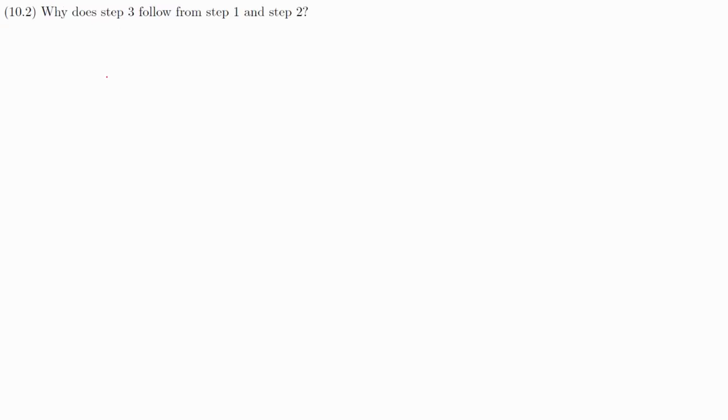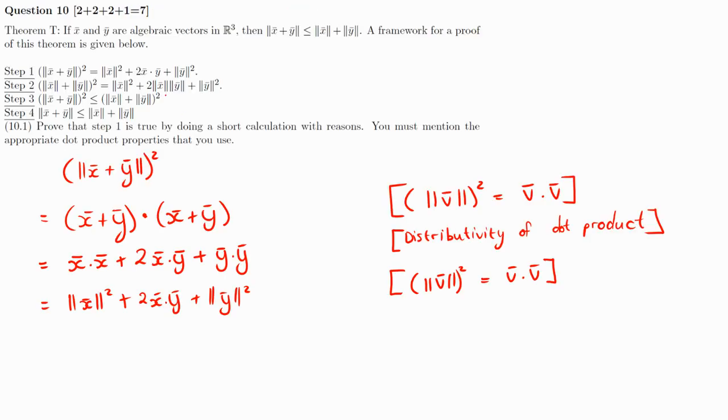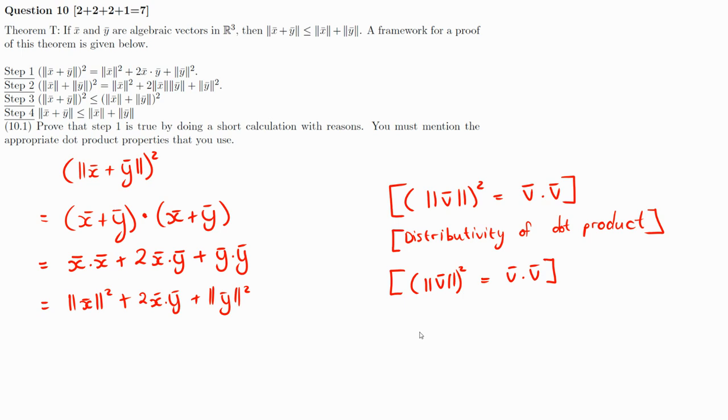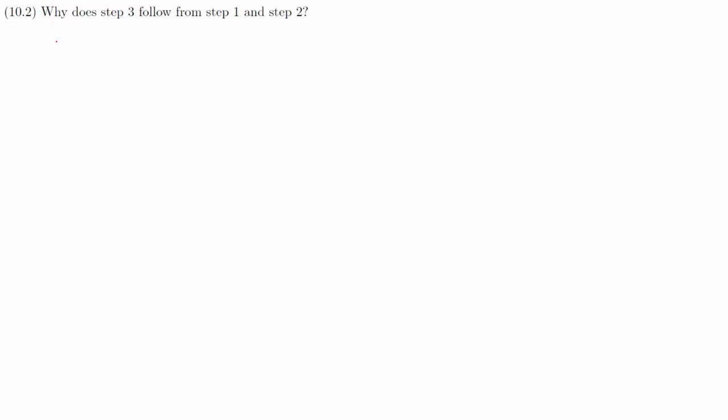At 10.2, why does step 3 follow from step 1 and 2? Okay, so step 3, we want to prove this. How does this follow from the previous ones? Okay, so for 10.2, we start by saying, okay, they ended up with this again, this x plus y everything squared.